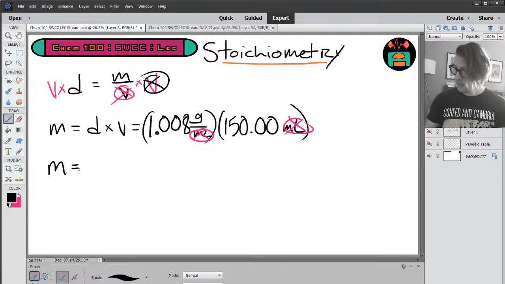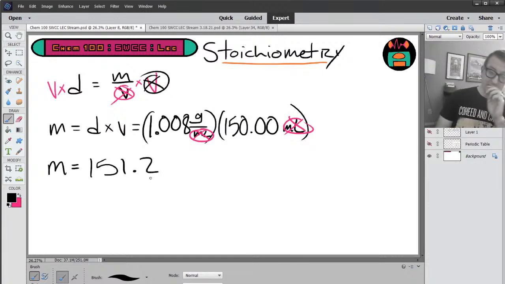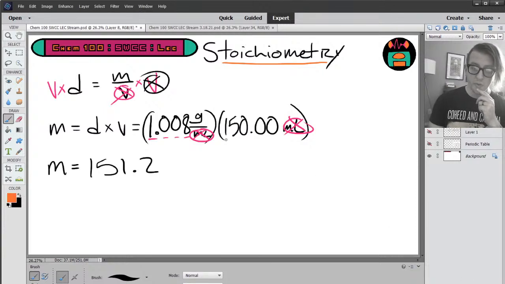Let's see, I gotta punch this into the calculator. 150 times 1.008 comes out to be 151.2. Now we have to ask ourselves, how many sig figs can we have? You'll notice that our density is 4 sig figs. Our volume has 5. So we're limited to 4.